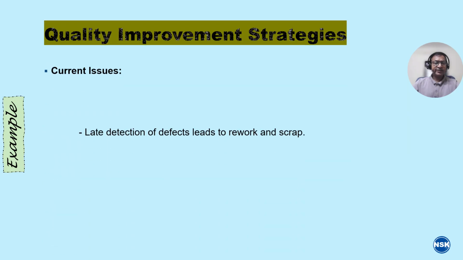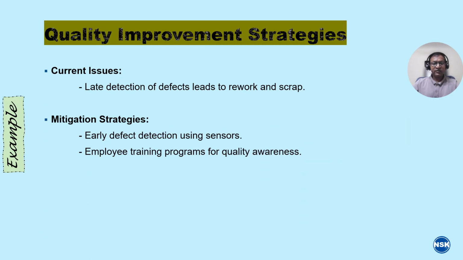Quality improvement strategies. An engineer identified one critical quality issue, that is, late detection of defects leads to rework and scrap. Quality losses were recorded in lost production hours as 24 minutes. He has chosen the mitigation strategy as follows: early defect detection using in-process poka-yoke with the help of a sensor-based mechanism.